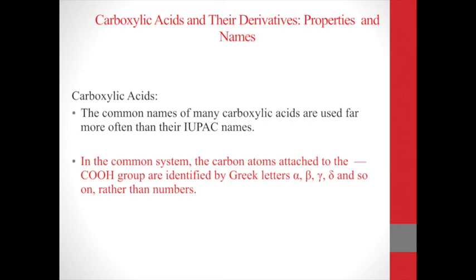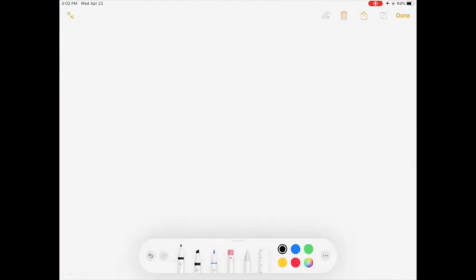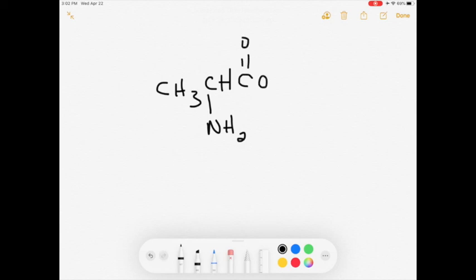Just to give you an example of that, here we have CH3, CH, NH2, COOH.